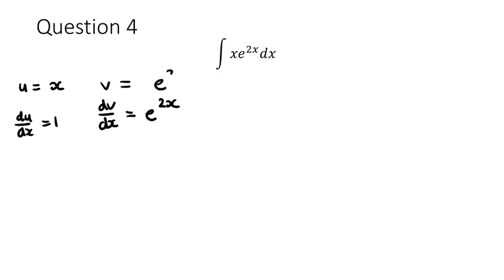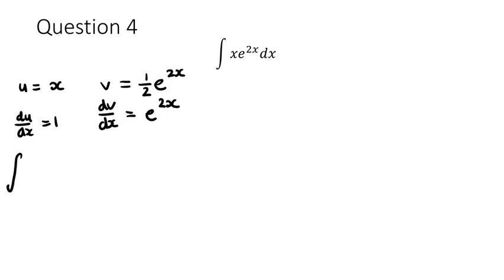When I integrate that, you multiply by the reciprocal of the coefficient of the power. If you were differentiating e to the kx, you multiply by k. If you're integrating e to the kx, you multiply by 1 over k.